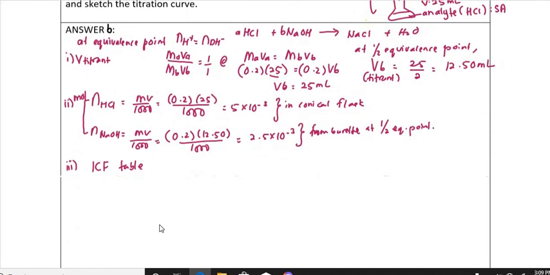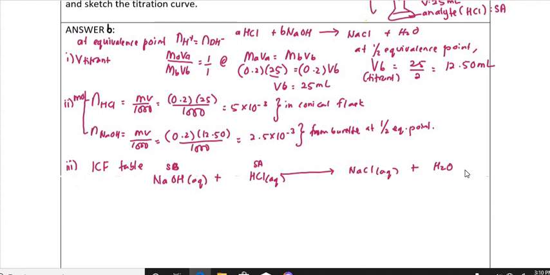Okay, macam mana nak buat ICF table? As usual, kita kena buat equation dia. NaOH react with HCl because you involve type 1, iaitu strong base and strong acid. As usual, produce the salt here and water here. All the substance is aqueous phase.